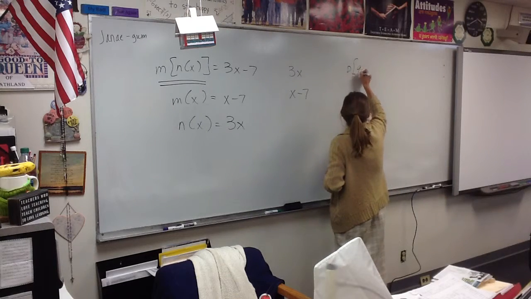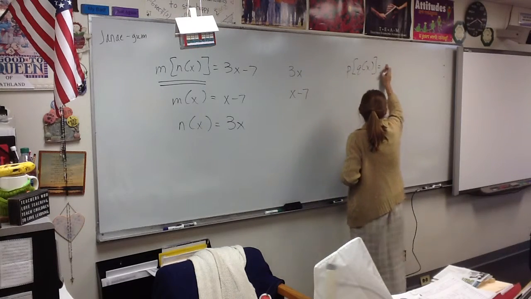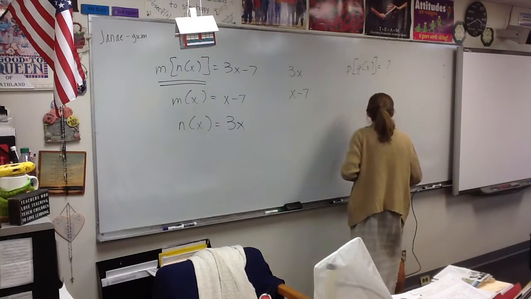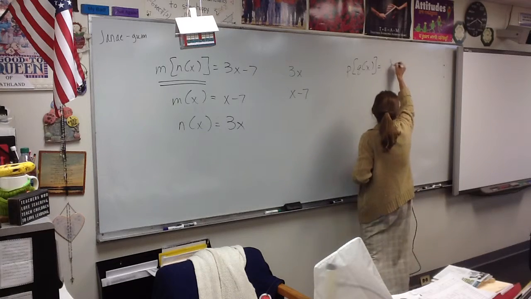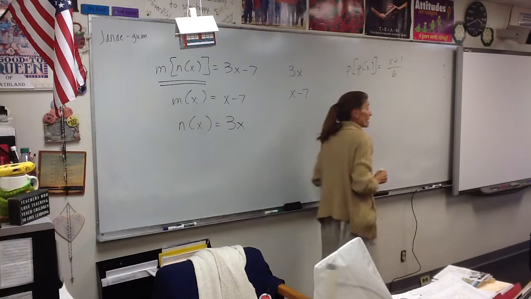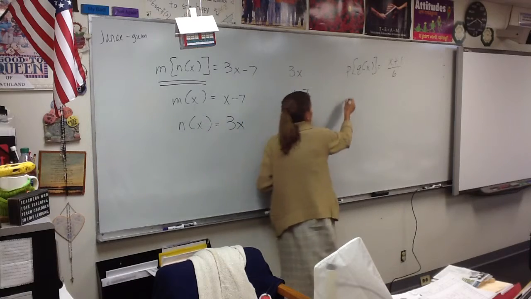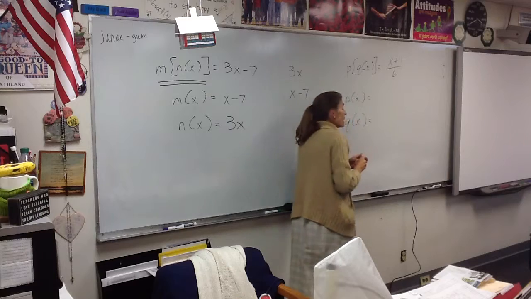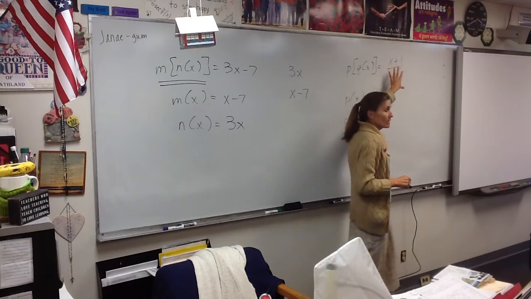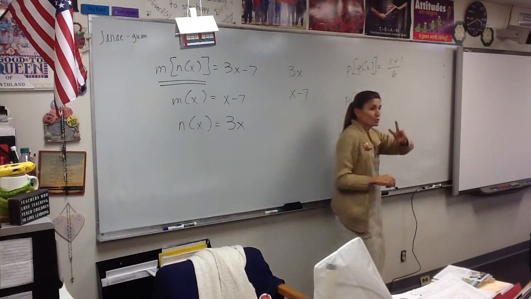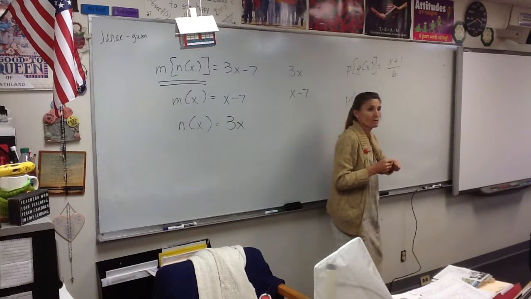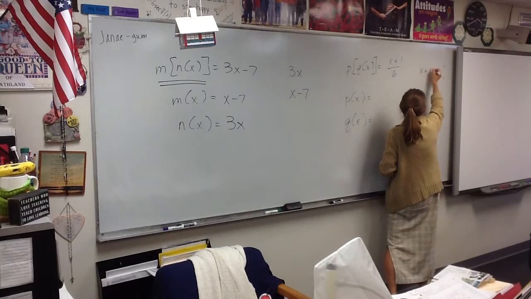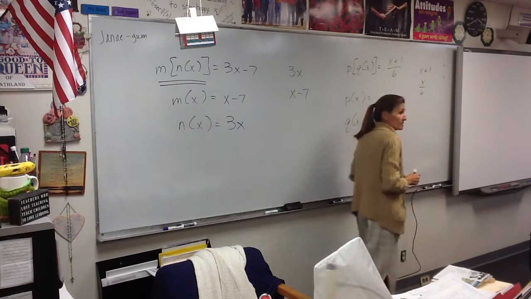Let's say p of q of x is x plus 1 over 6. All right, so think about this function. If you put a number in, what are the two things that happen? You're going to add 1 and then divide by 6.